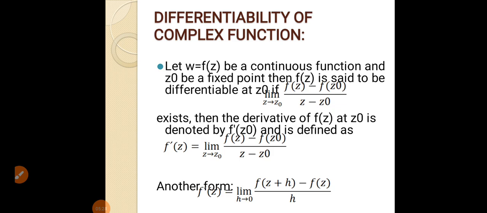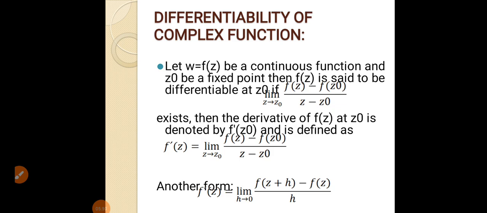Then f(z) is said to be differentiable at z0 if the limit as z tends to z0 of (f(z) - f(z0)) / (z - z0) exists. This is the necessary condition to prove any function differentiable.